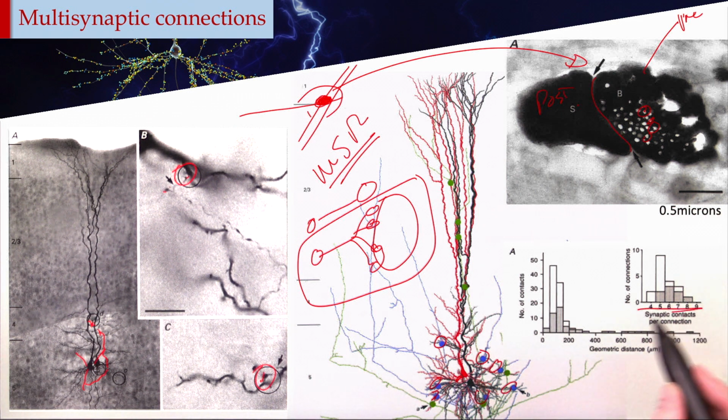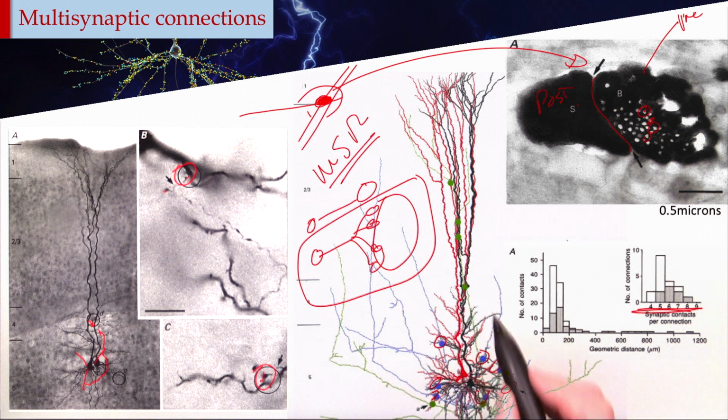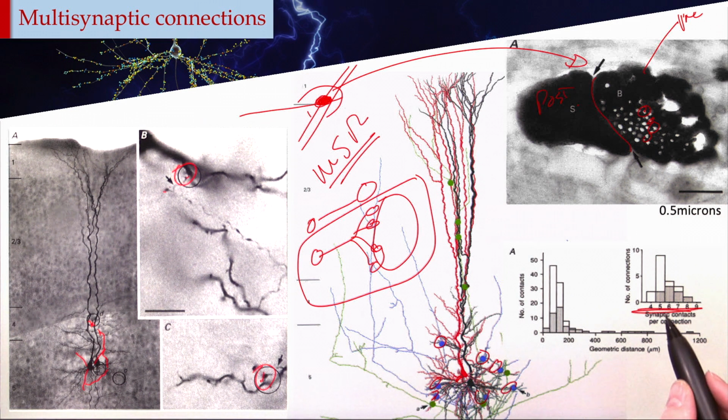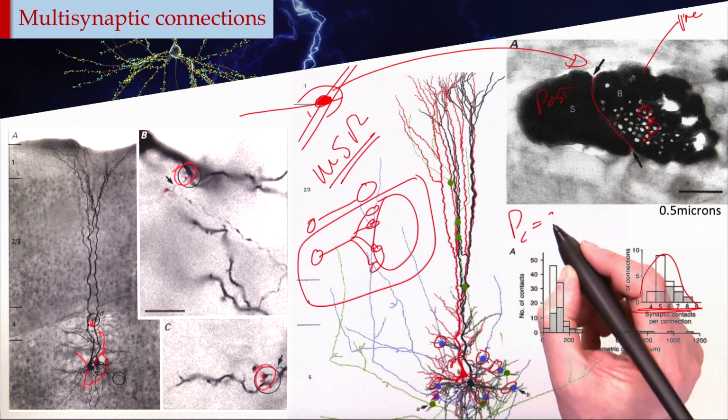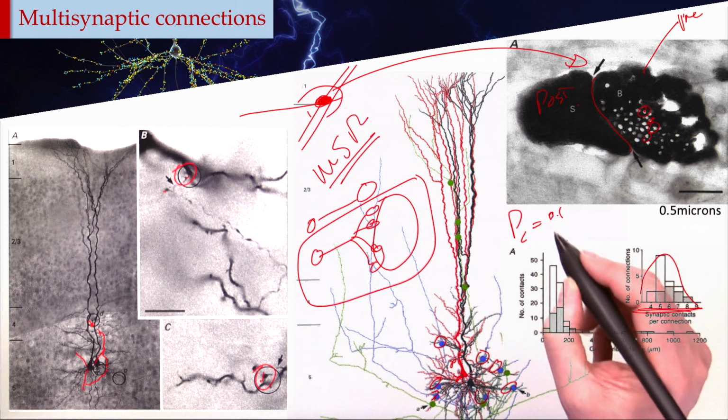The number of connections varies between different pairs of cells. So some of them can have on average 3, 4, 5, 6, 7, 8, sometimes 10 connections. So this is the distribution that you see. The probability that one neuron will connect with another neuron is also quite low. It's around, P connection is around 0.1 or 10%.